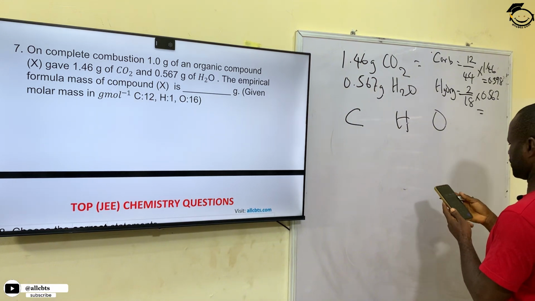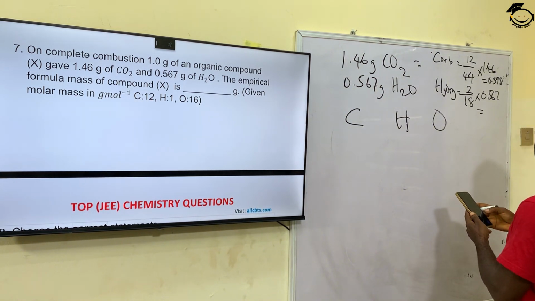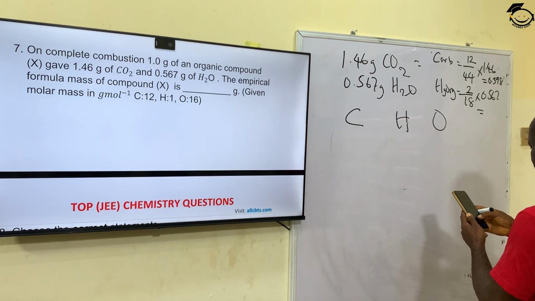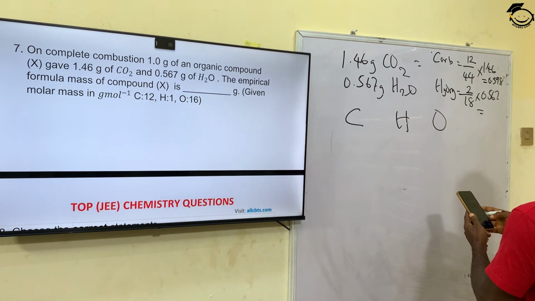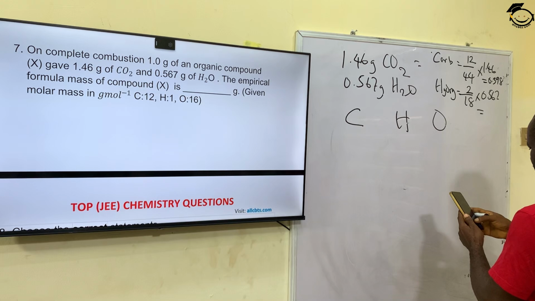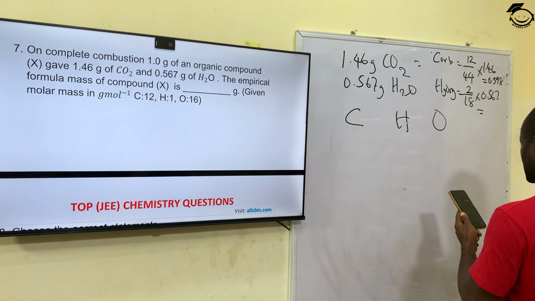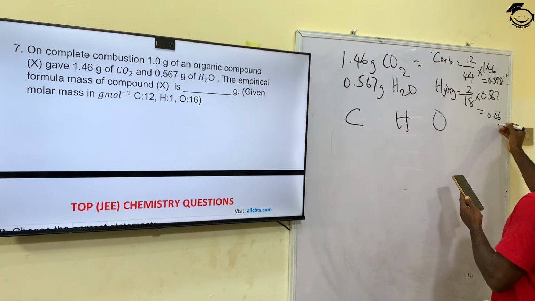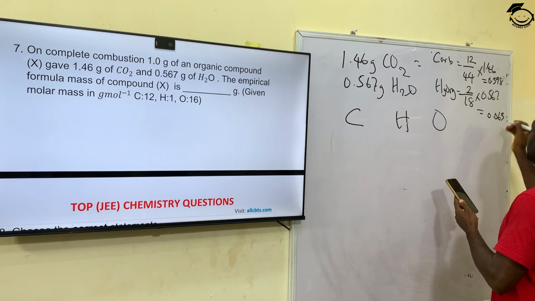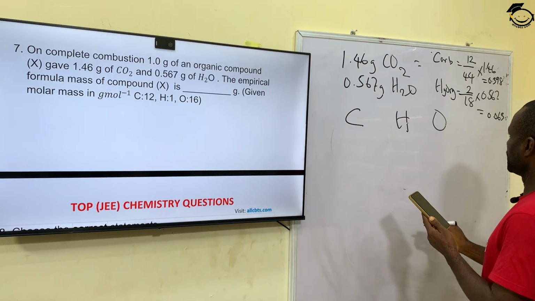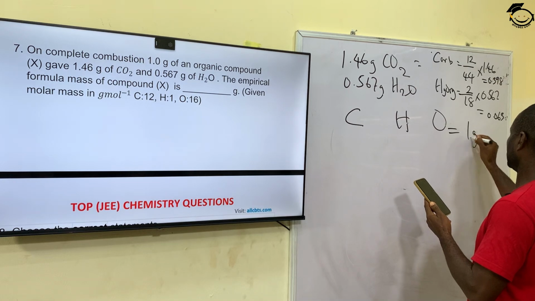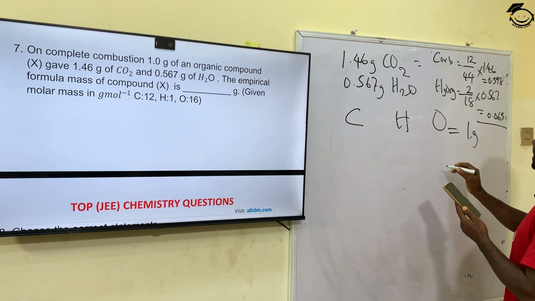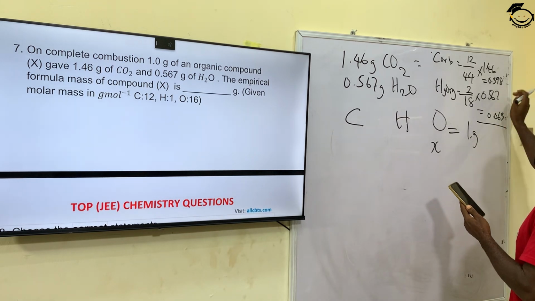Then this gives us 2 multiplied by 0.567 divided by 18, which gives us 0.063 gram. Mind you, the sum of these elements present gives us 1 gram. So for us to find the mass of oxygen, we have to sum these together.